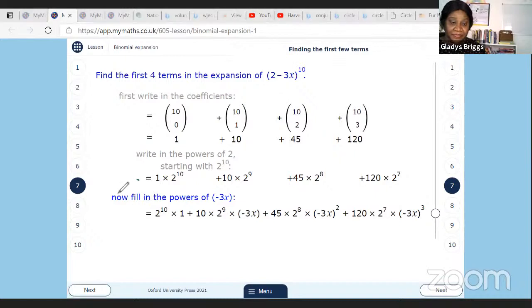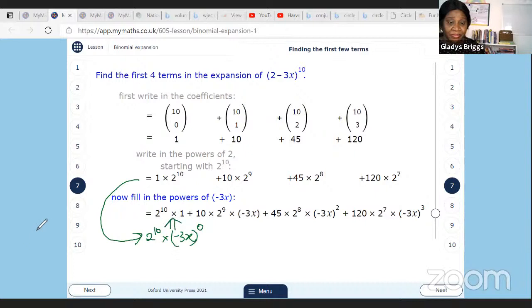So here, what you should have is 1 times 2 to the power of 10 times negative 3x to the power of 0. And anything to the power of 0 is going to give you 1.